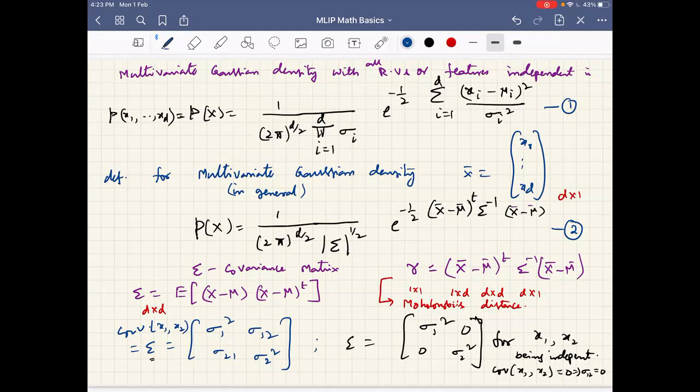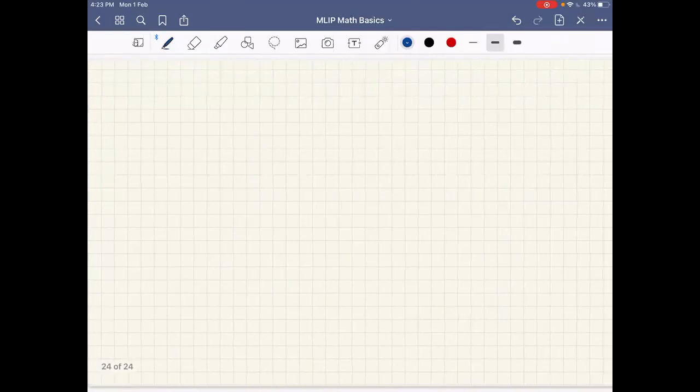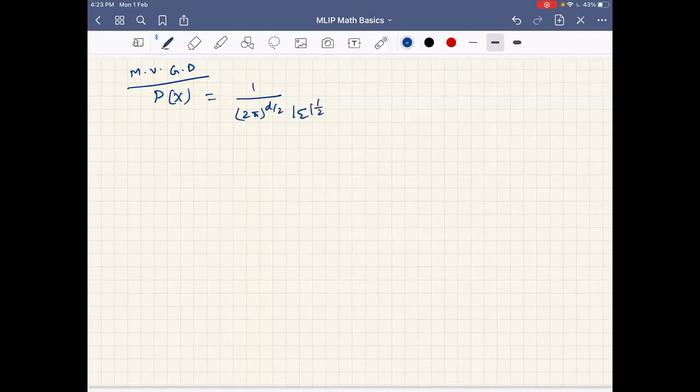Let's make a quick check. I will only give a very brief outline of this discussion. I request you people to go and substitute and verify this completely. So what I have said is the multivariate general expression: P of x, the multivariate Gaussian density, in general P of x is equal to 1 by 2 pi whole power d by 2, mod sigma whole power half, e power minus half, x minus mu transpose into sigma inverse into x minus mu.